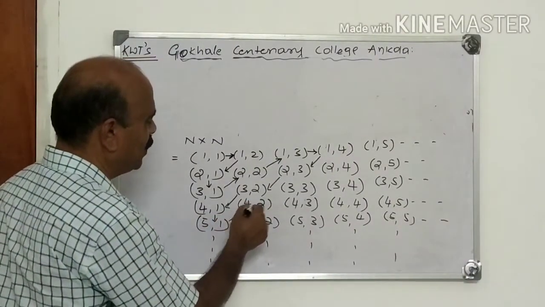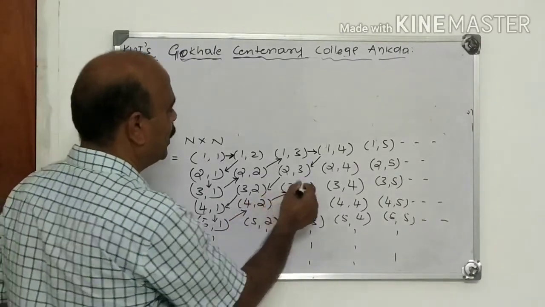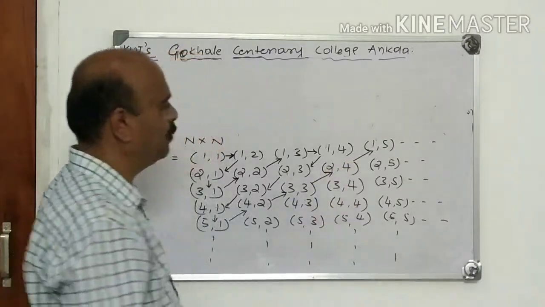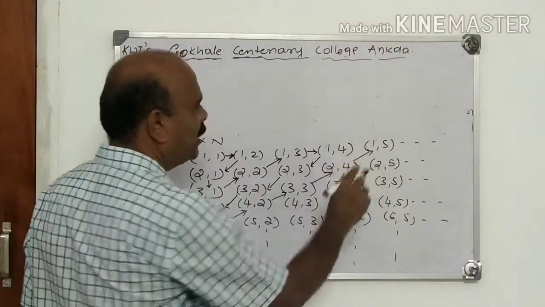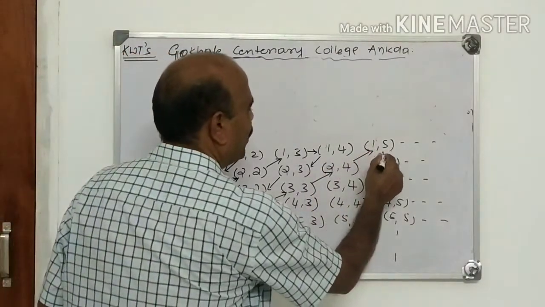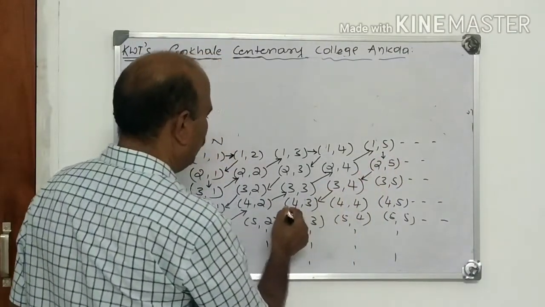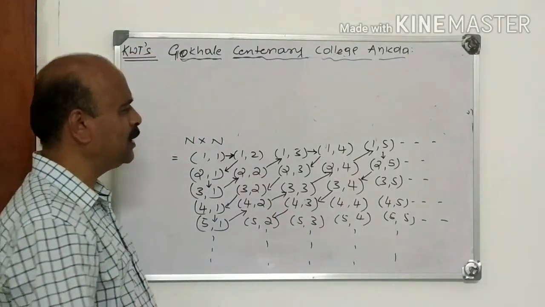Next element having sum of the coordinates 6 is (4,2). Next is (3,3). Next is (2,4). Next is (1,5). What are these elements? They have the sum of the coordinates 6. Next sum of the coordinates 7. What is this? (2,5), (3,4), (4,3) and (5,2). These are the elements having sum of coordinates 7.